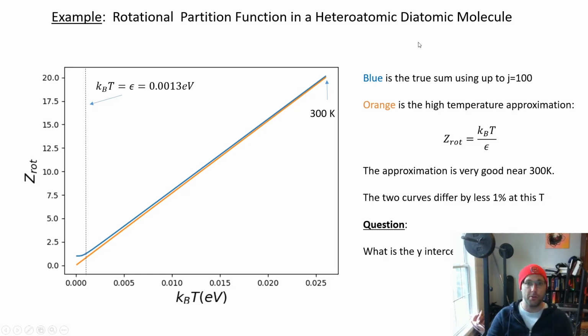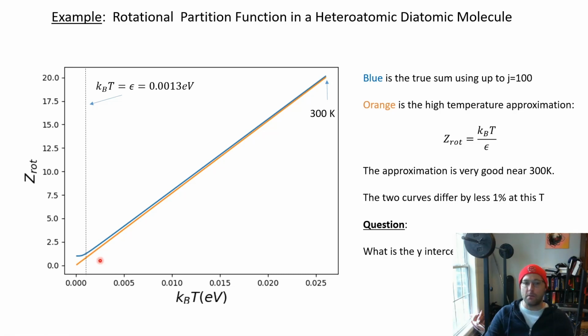So I'm doing the real true sum. That's the blue curve. And then in orange, I plot the result of just assuming the high temperature approximation is valid for all temperatures. I plot the rotational partition function as a function of temperature, kBT in units of eV. I mark here kBT equals epsilon, which occurs at about 15 Kelvin, so that's right about here.